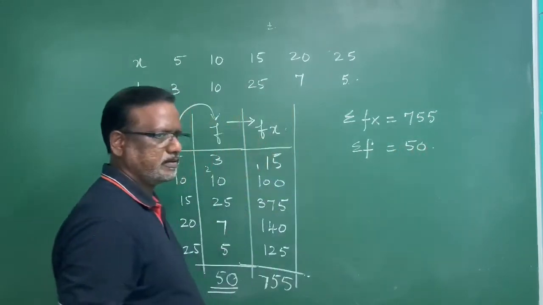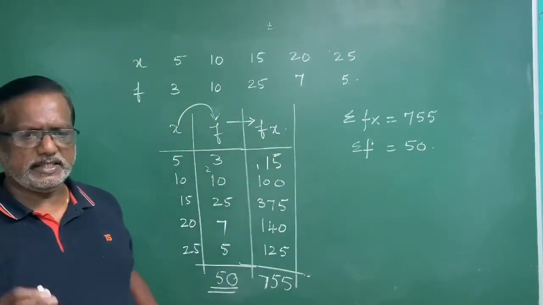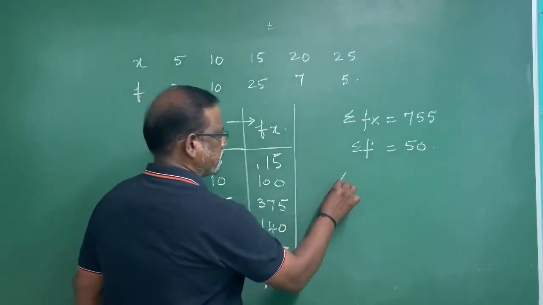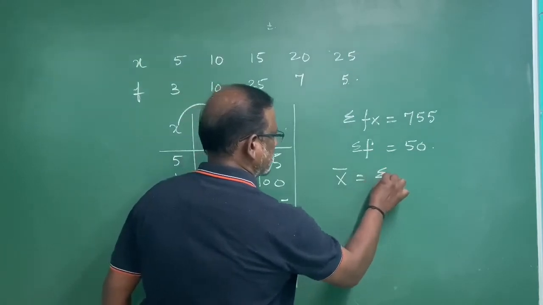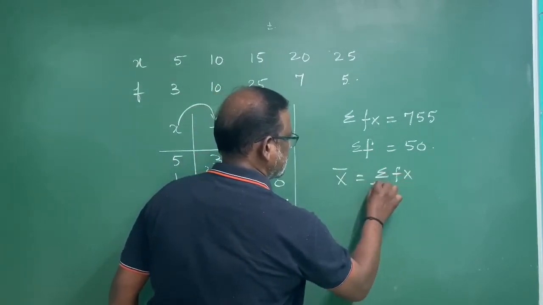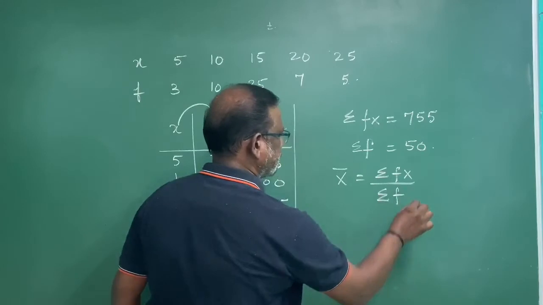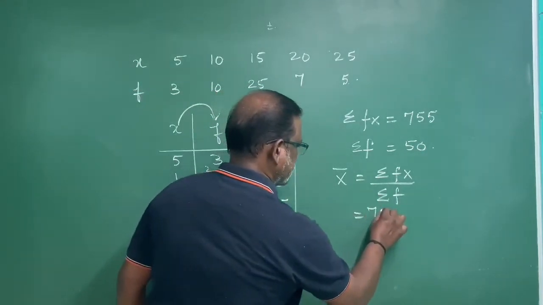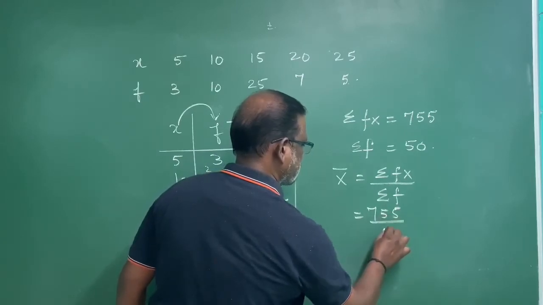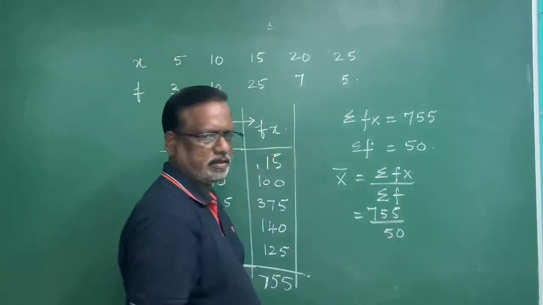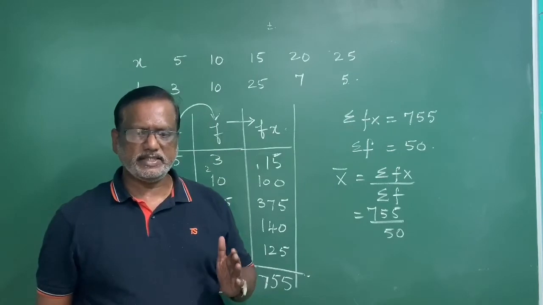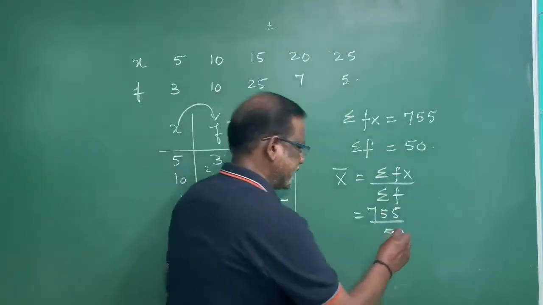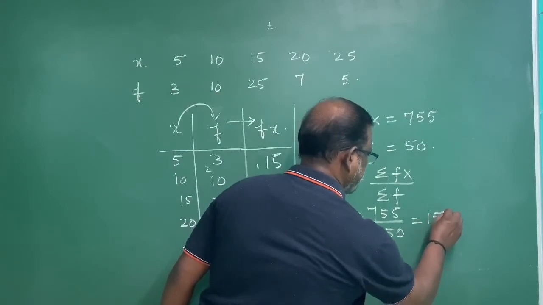After finding these two values, x bar will be sigma fx by sigma f. That is 755 by 50. On dividing 755 by 50, we will be getting 15.1.